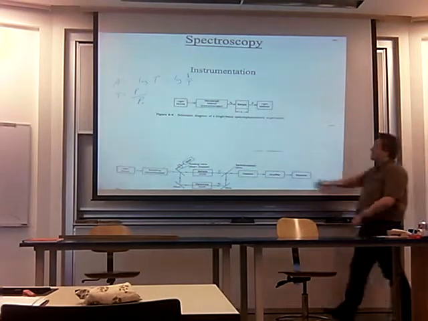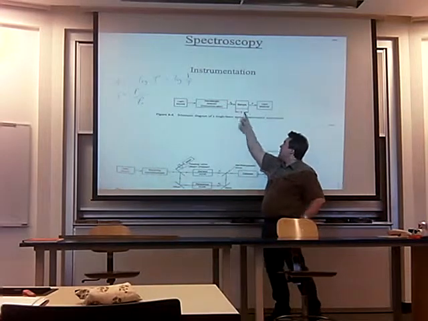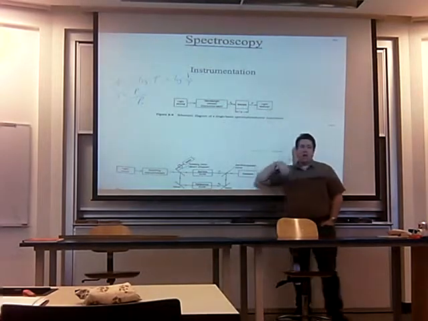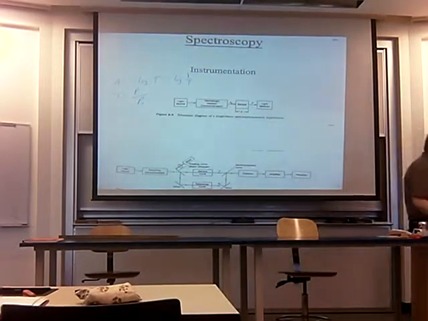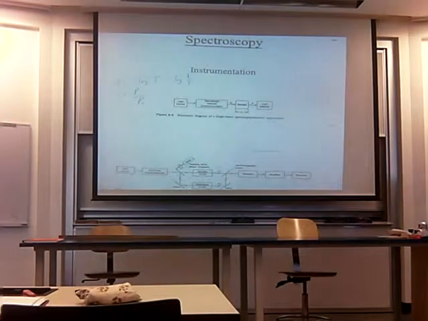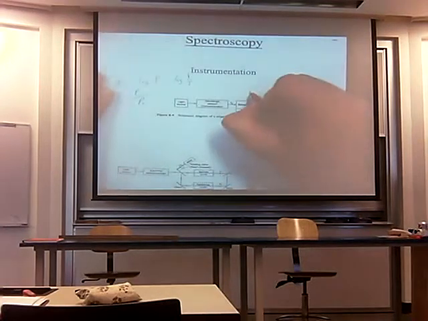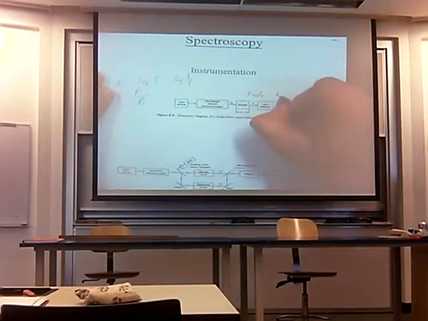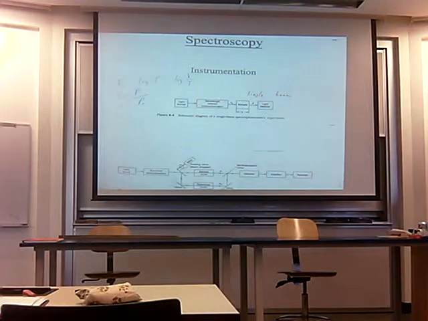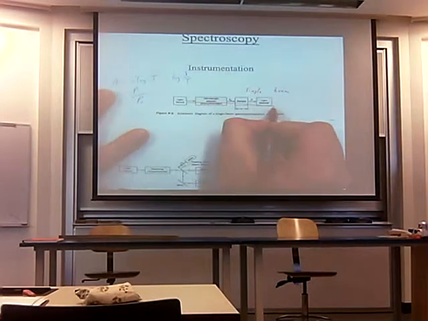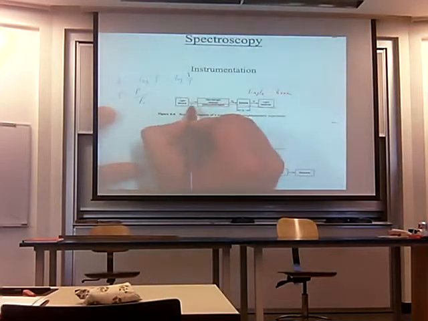And they always have a sample. The sample has some path length b, and then some kind of a way to detect how much light comes through. In this case, this is what's called a single beam. There's only one beam of light going through the system.